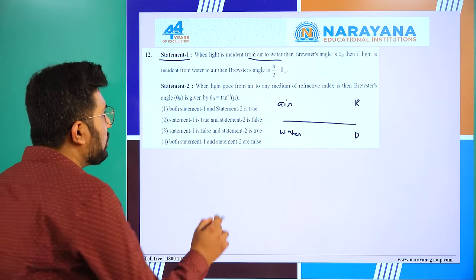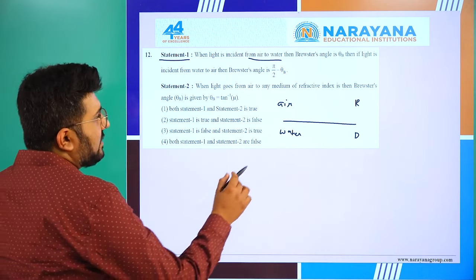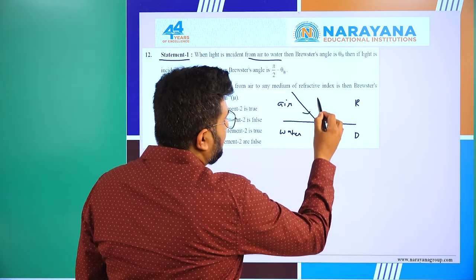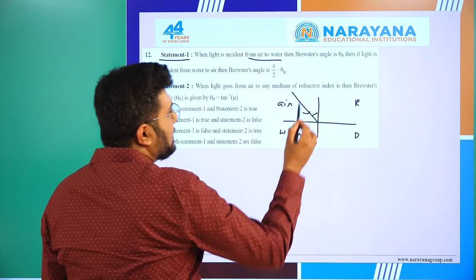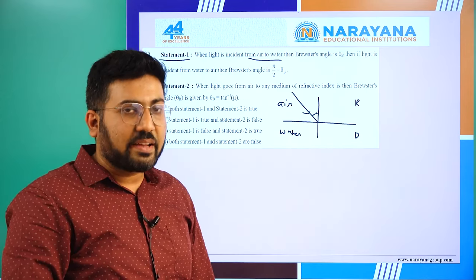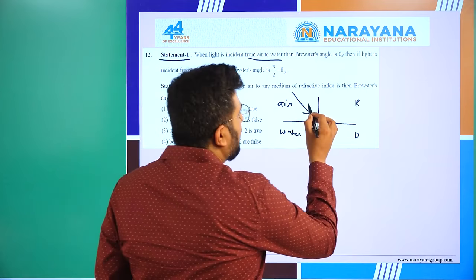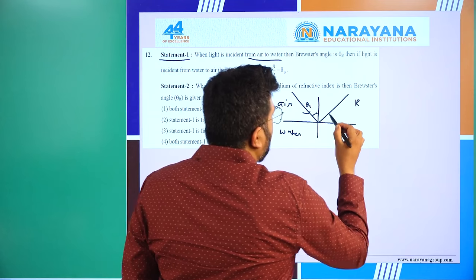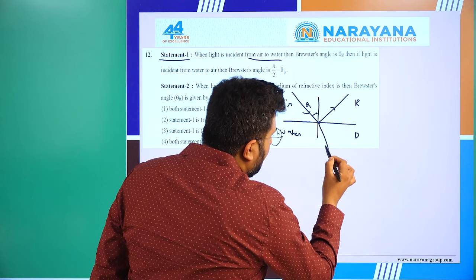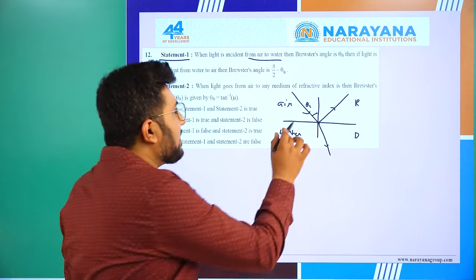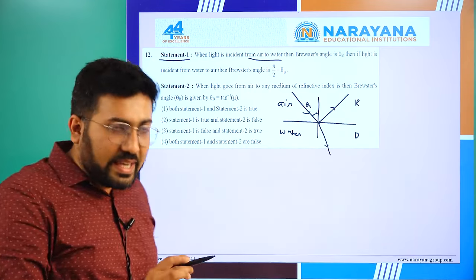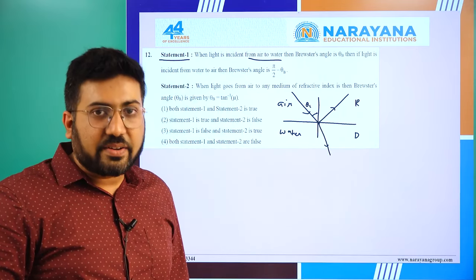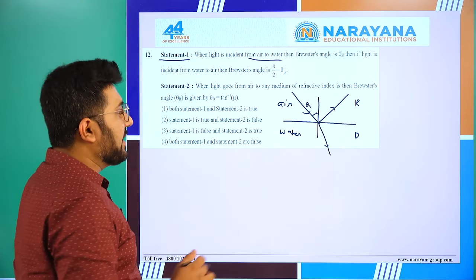Okay. So now you know that the Brewster's angle is calculated this way. The Brewster's angle is also called the polarizing angle. So let's say this is the polarizing angle theta I, and we say that the reflected ray is plane polarized if the angle between the reflected ray and the refracted ray is 90 degrees.